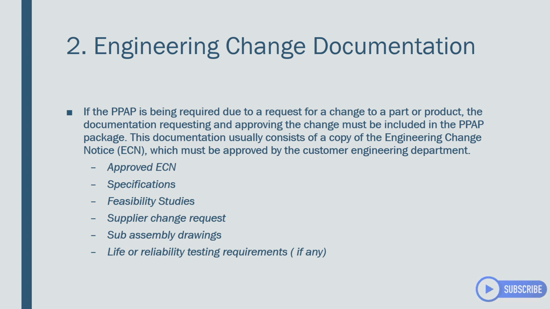In case of any supply change, the supply change request needs to be attached, and affected sub-assembly drawings also need to be attached, along with life or reliability test requirements if any. Those changes need to be approved by our customer engineering department.